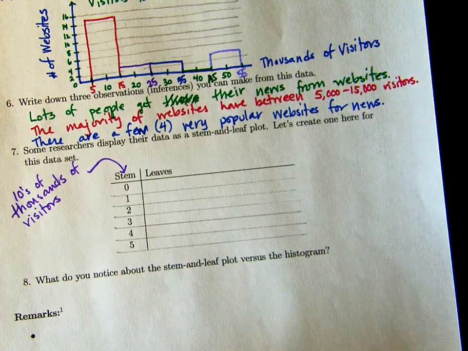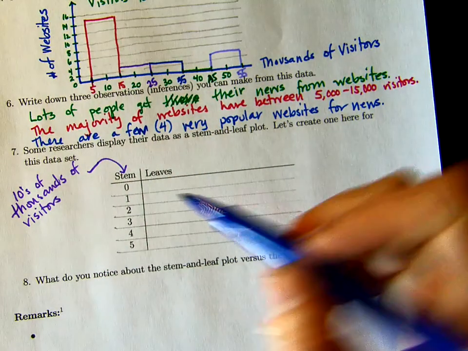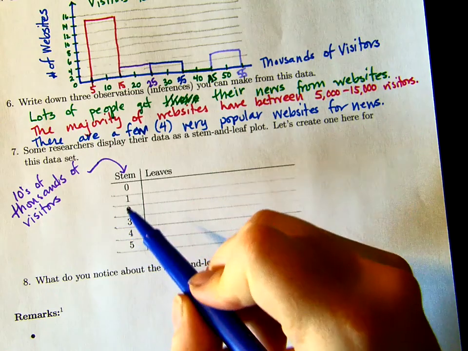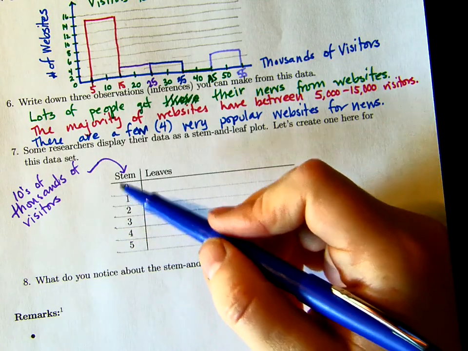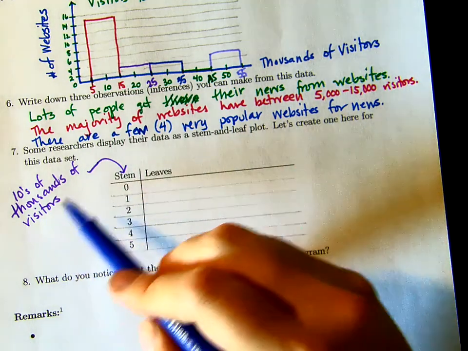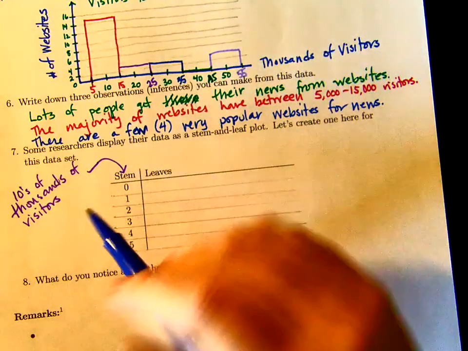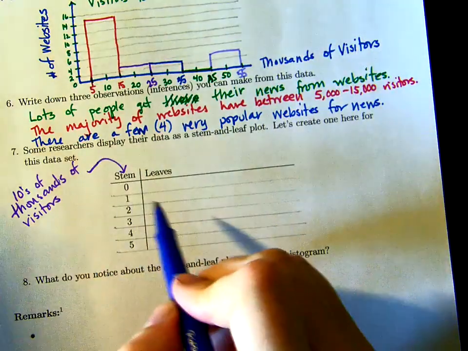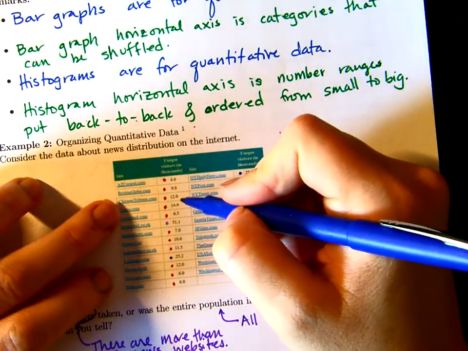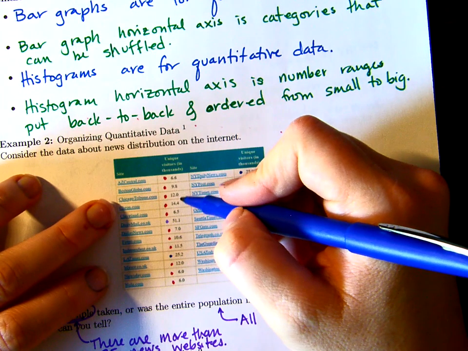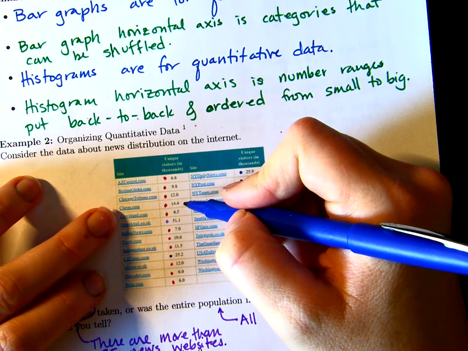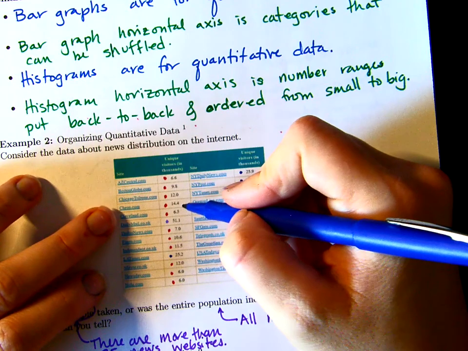So back to the data. I'm actually going to start with this one, so that you can see what it means to be in the zero stem, 0 thousands. Let's go with the ones that have at least 10,000. Okay. So here's one with 12,000, Chicago Trib. Here's one with 14,400.